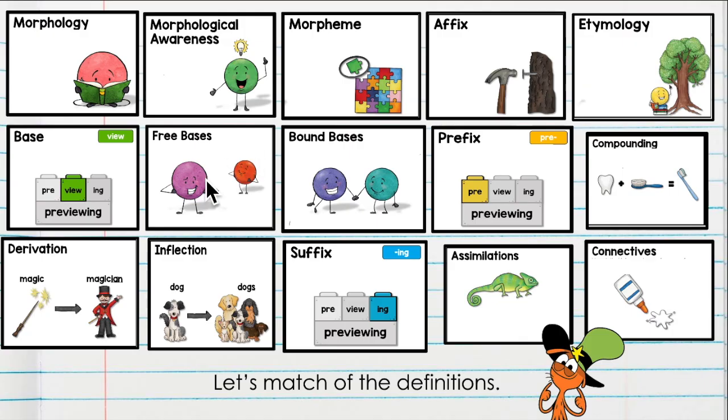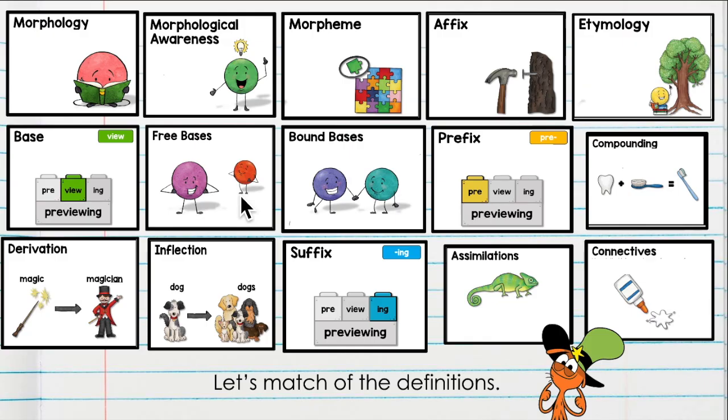A free base is a word that can, and most of those are Anglo-Saxon. And so to avoid confusion with students, I like to refer to Anglo-Saxon base words that stand alone and Latin roots that never stand alone. Latin roots can never be by themselves. They must have an affix with them, okay? But they do both carry the core base definition of the word.